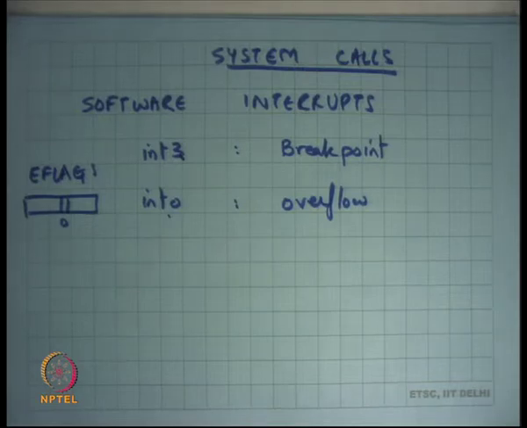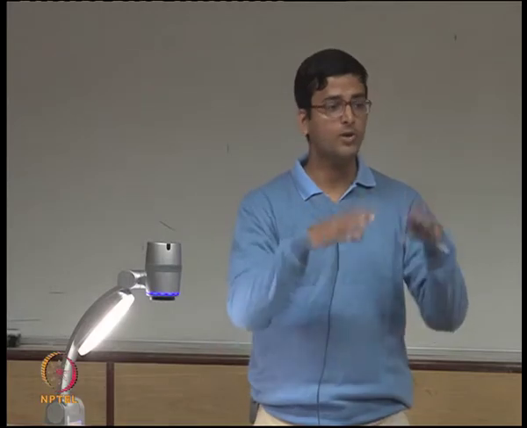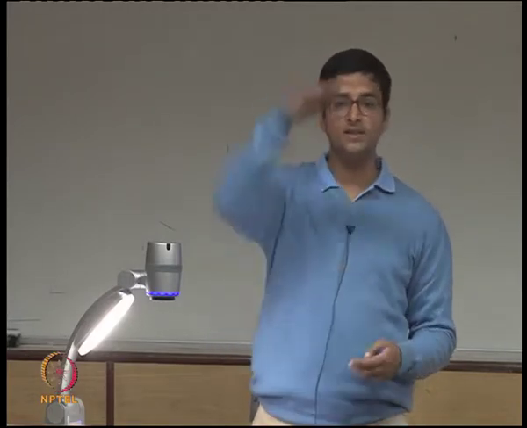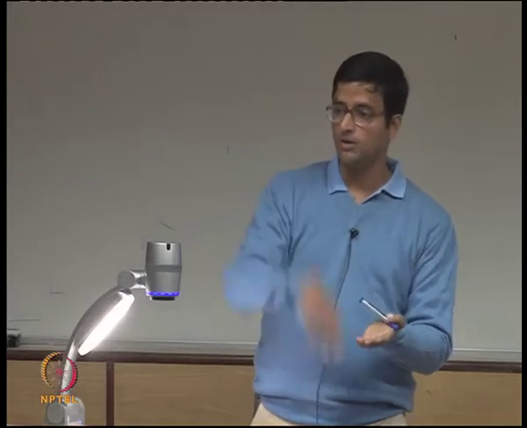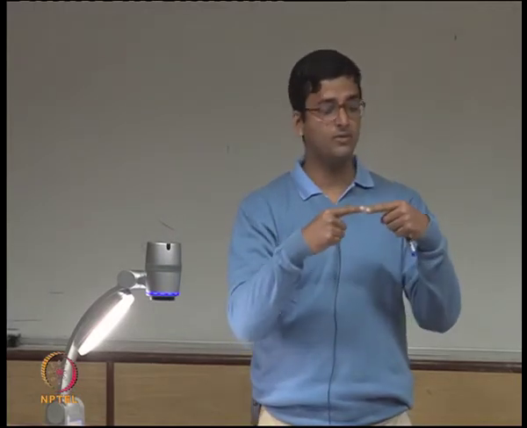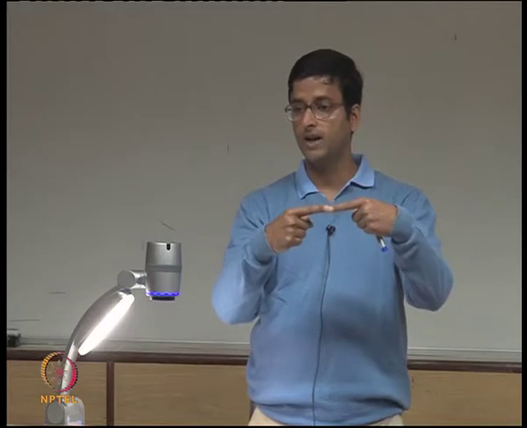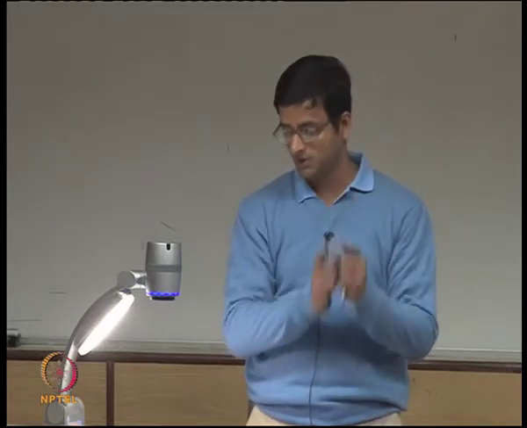If the execution actually created an overflow, it will cause an interrupt. If it didn't cause an overflow, it will not cause an interrupt. So in the common case when there was no overflow, you will just very quickly go to the next instruction. You don't have to have if-then-else kind of logic in your code. So this gives you a very nice, fast way of doing this kind of exceptional condition handling, right?